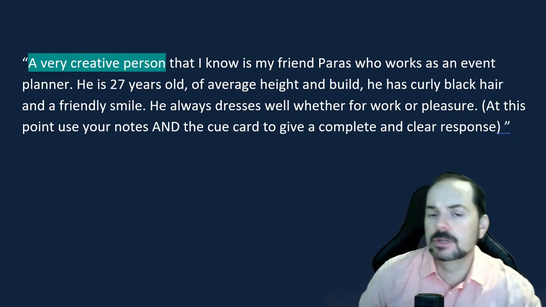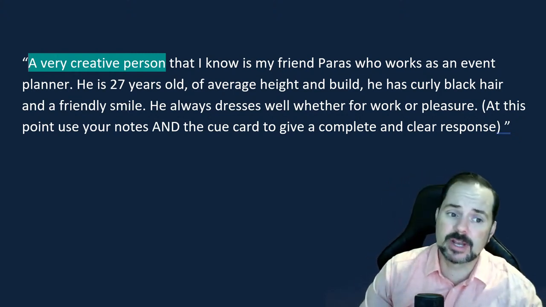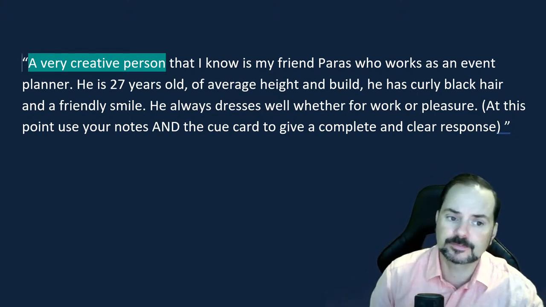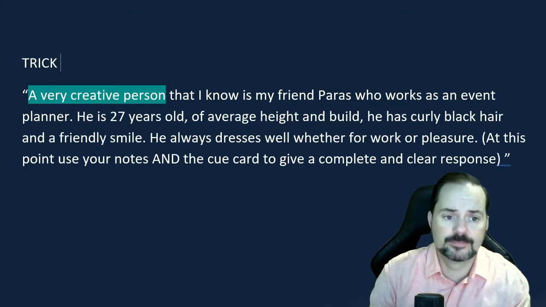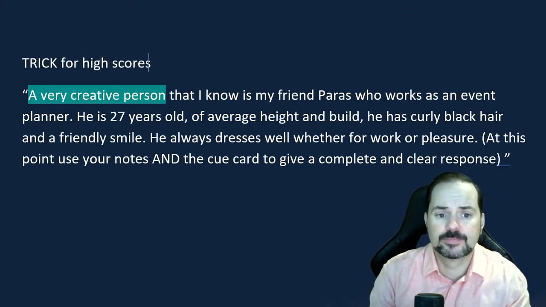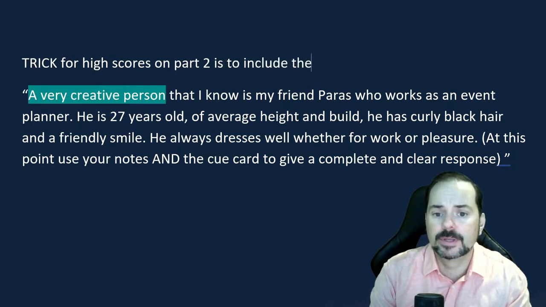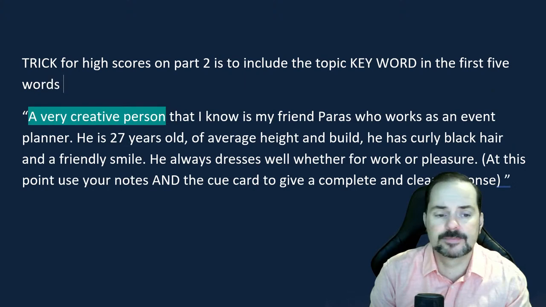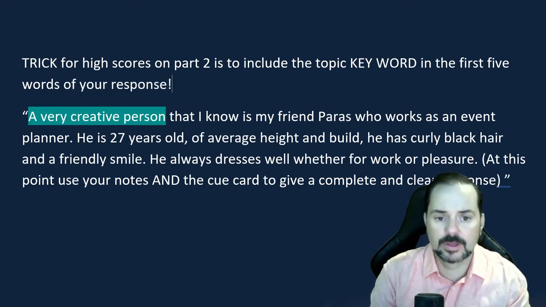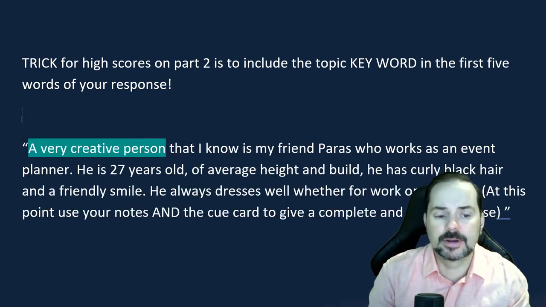In fact, students, a very good tip or trick for part 2. Let's call it a trick, if you will. So the trick for high scores on part 2 is to include the topic keyword in the first 5 words of your response. Okay, so think about it like this.